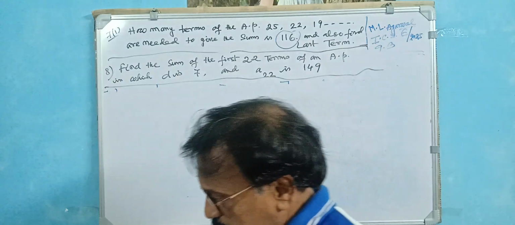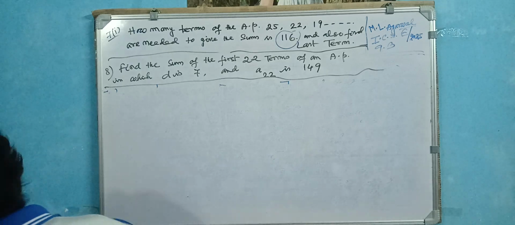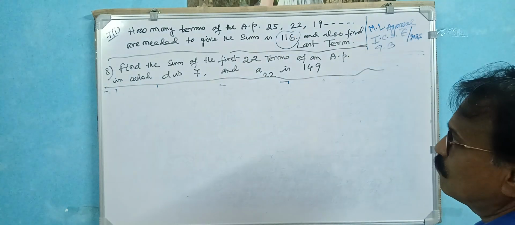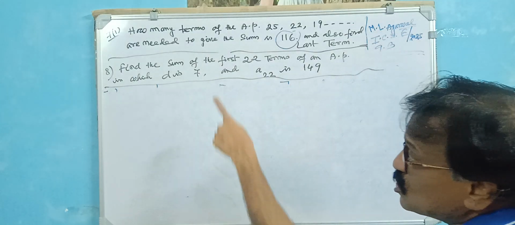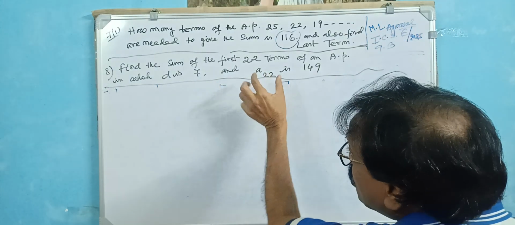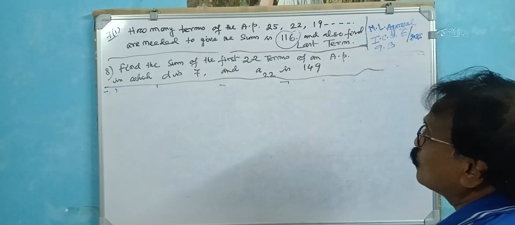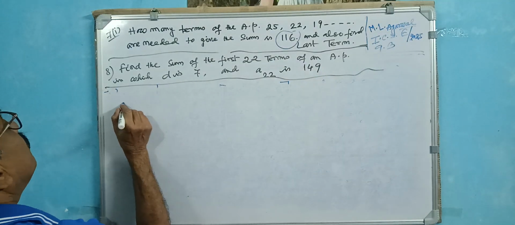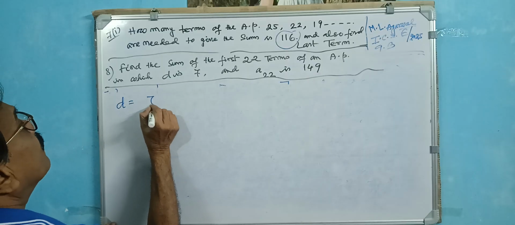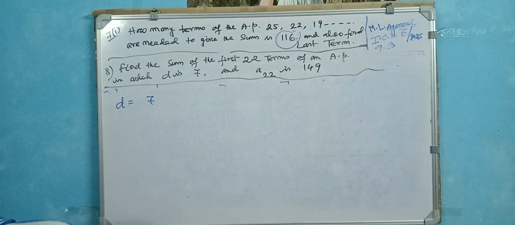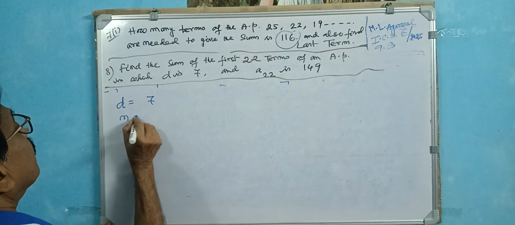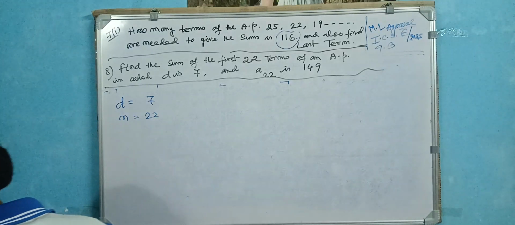What is the sum? Find the sum of the first 22 terms of an AP in which d is 7 and a22, that means the value of the 22nd term, is 149. So given d is 7, n is 22.